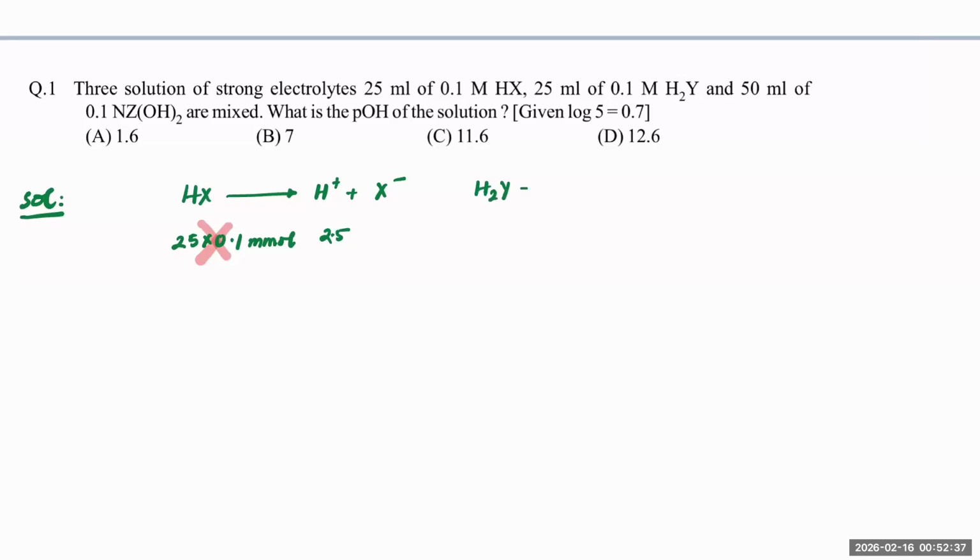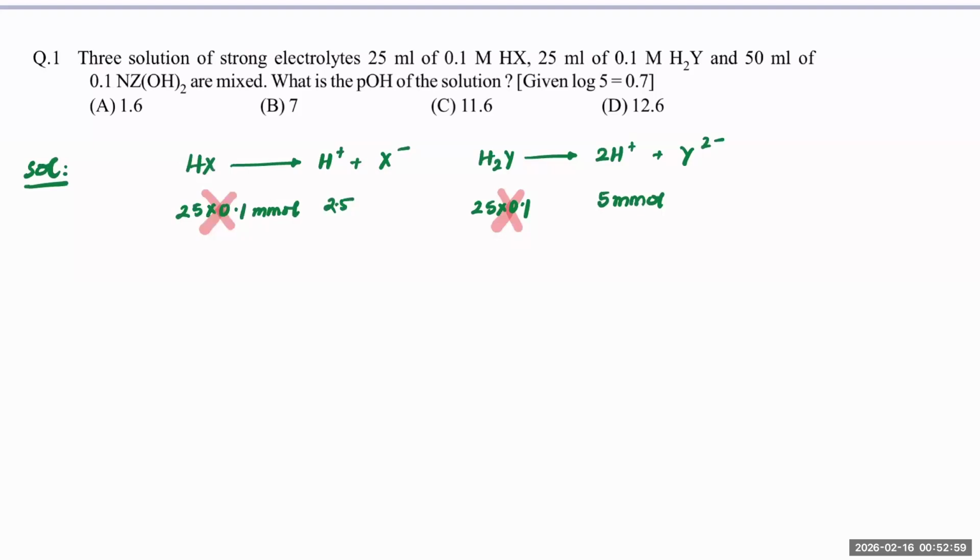Similarly, if you take H2Y, it will give you 2H plus and Y2 minus. So in this case, 2H plus includes 25 into 0.1. That will also get completely ionized into 5 millimoles, because 1 is giving 2, so that makes it 5.